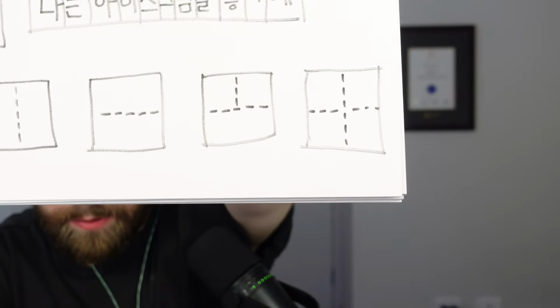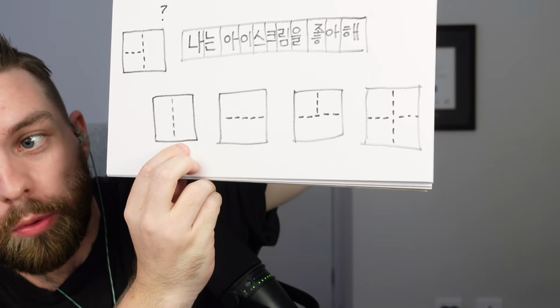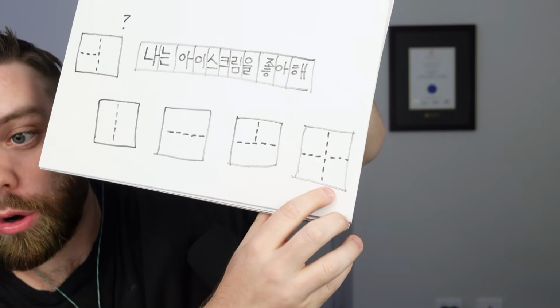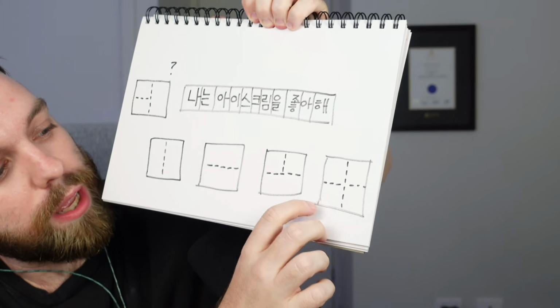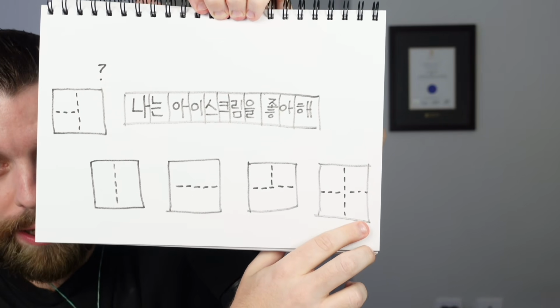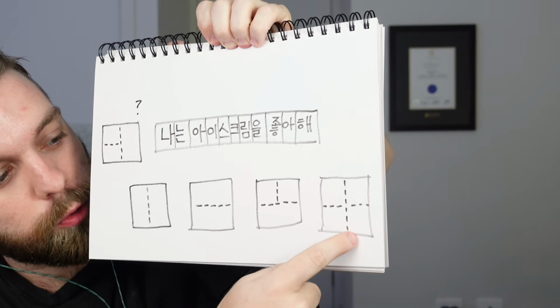So there are these combinations that you can see at the bottom, right? You can have 2, 2, 3, or 4. Think about each block of syllables this way. 2, 2, 3, or 4.